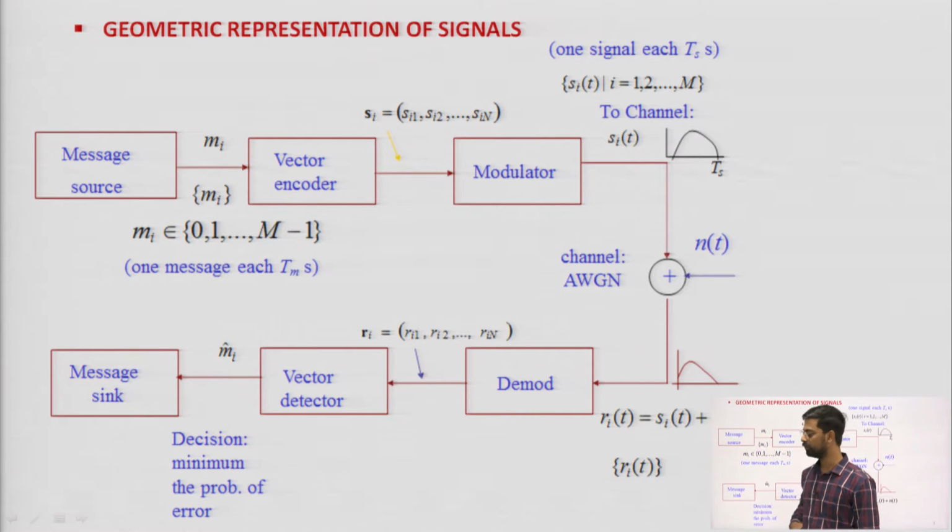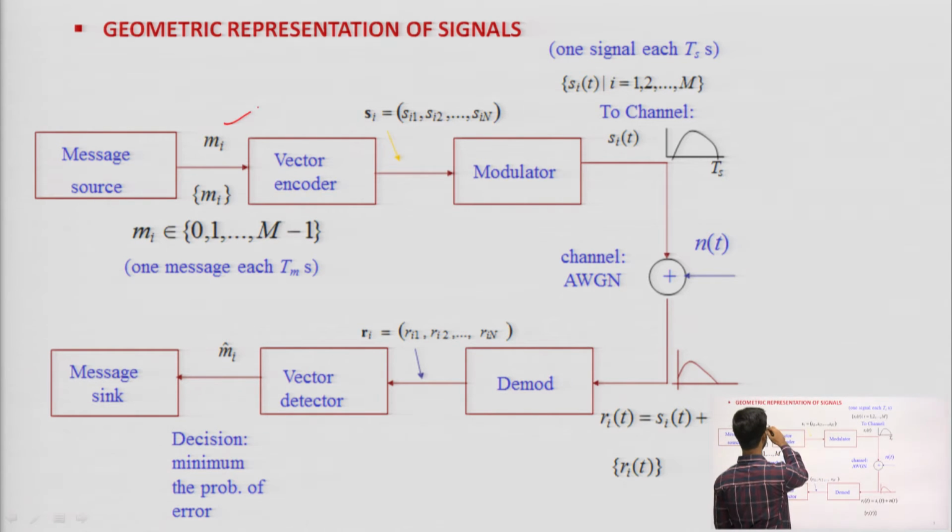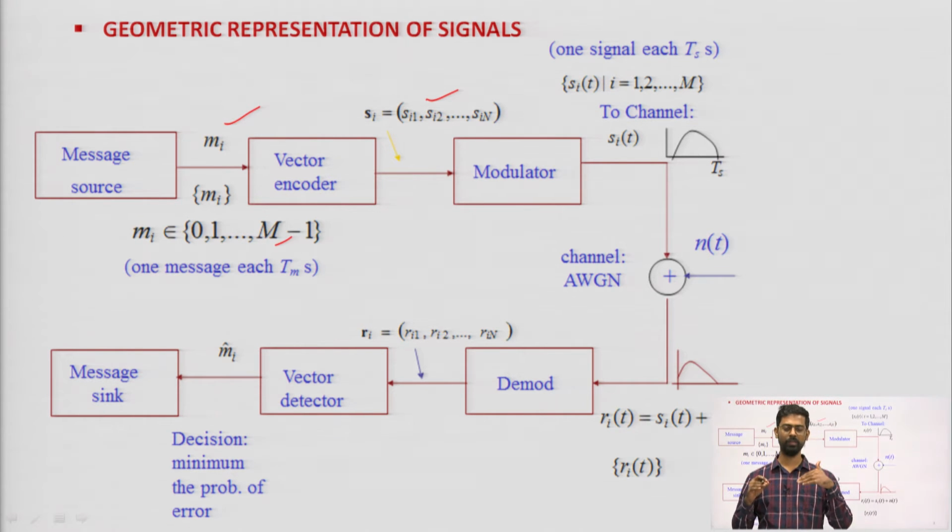Before the Gram-Schmidt orthogonalization process, we have to see what the geometric representation of signals is, how these signals are coming, and how they are transmitted in the digital communication system. All these terms are in terms of mathematics.